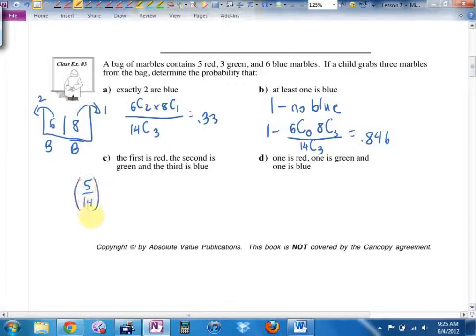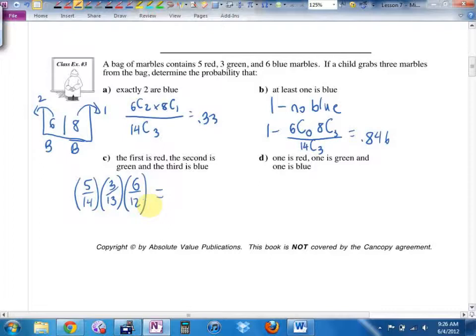And followed by, what does and mean? Second one is green. How many greens are left in the bag, out of? Third one's blue. How many blues are left in the bag, out of? I think that's cleaner. I could do it with a permutation.